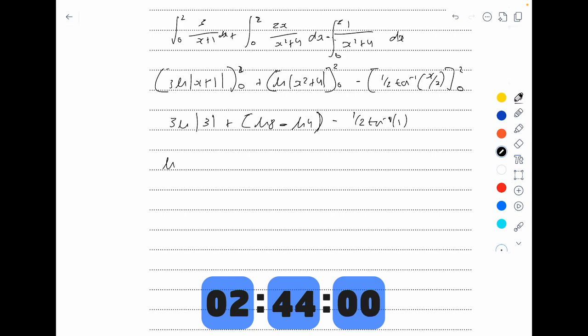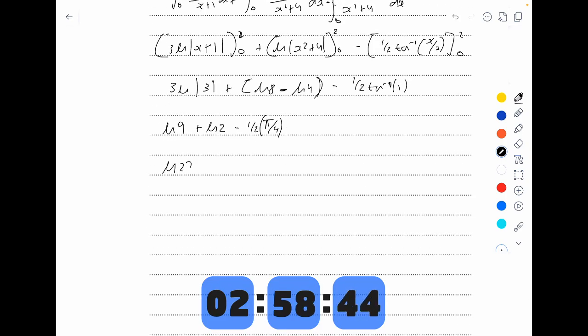That's ln 9 plus ln 2, because 8 divided by 4, minus a half of pi over 4. So therefore we get ln 27 plus ln 2 minus pi over 8. Therefore, using ln rules now, ln 54 minus pi over 8.